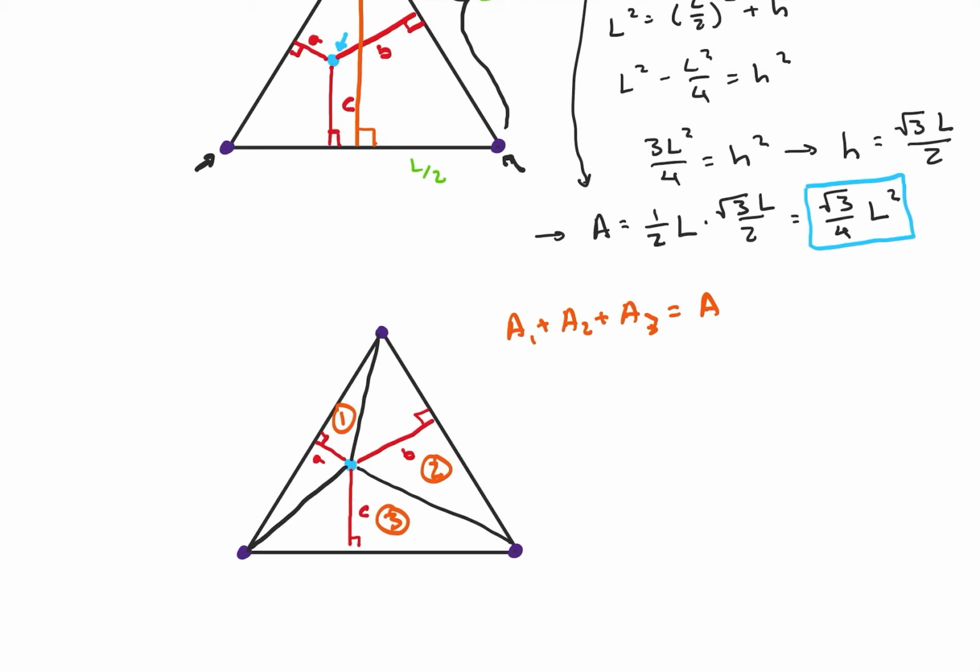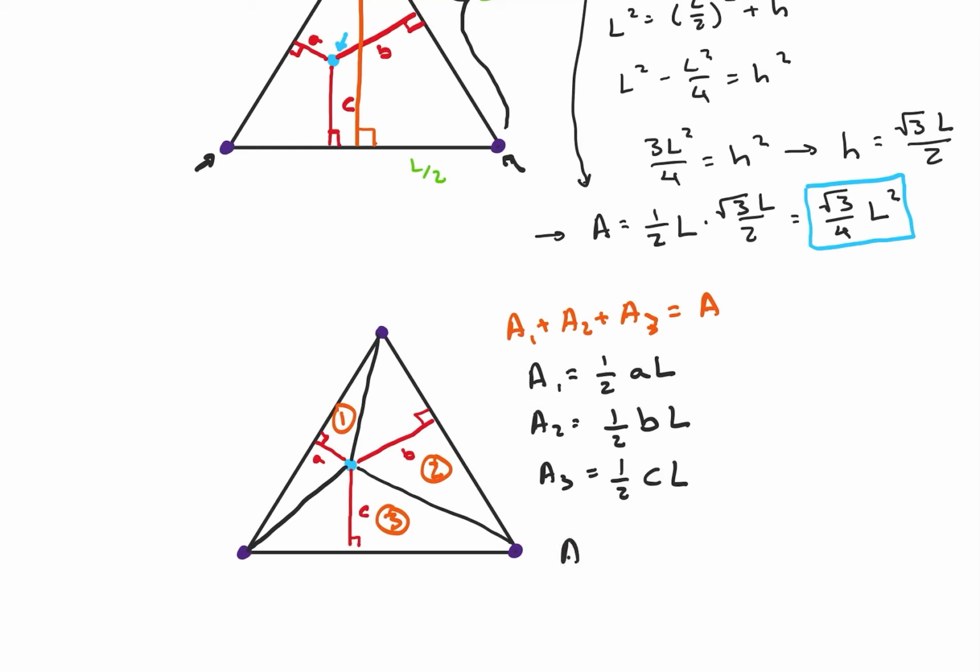Let's go ahead and calculate those areas. A1 is equal to 1/2 AL, A2 is equal to 1/2 BL, and A3 is equal to 1/2 CL.